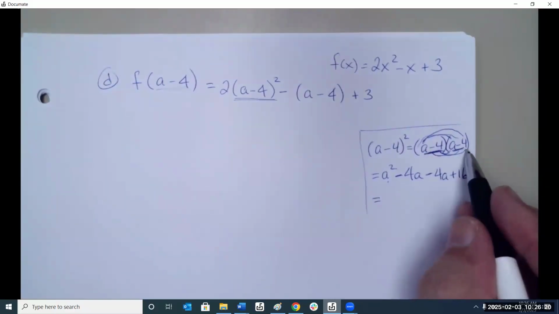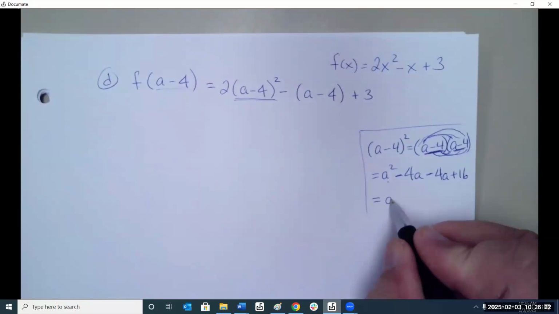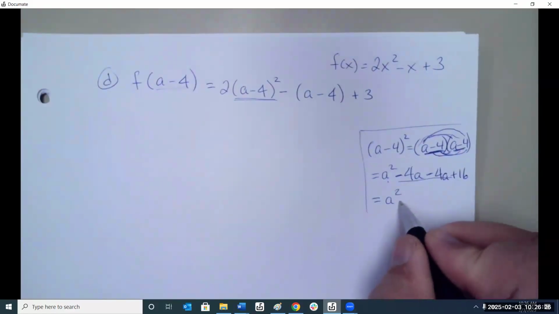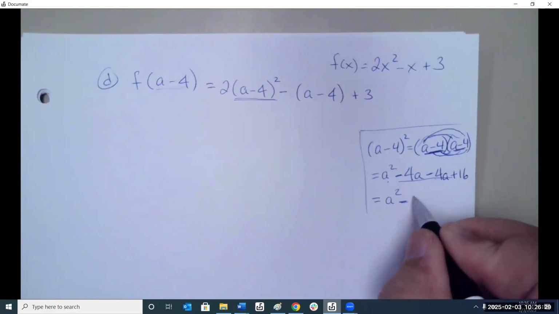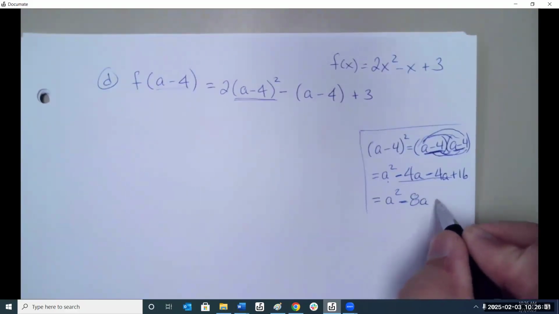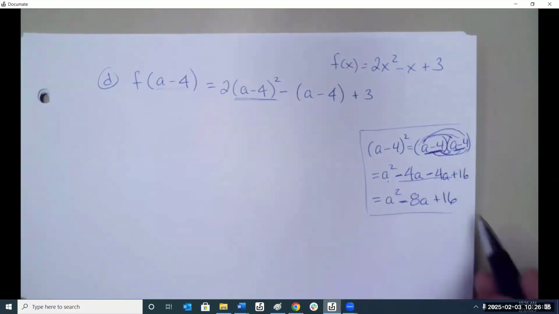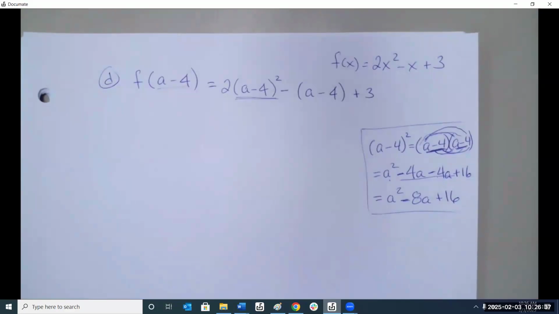Whenever you get rid of parentheses, first step, always combine like terms. So we have negative 4a minus 4a. They're both negative, so we add the numbers. 4 plus 4 is 8a. We're going to spend a lot of time discussing this later on in this course, chapter 3.